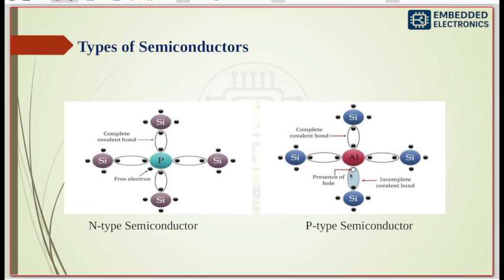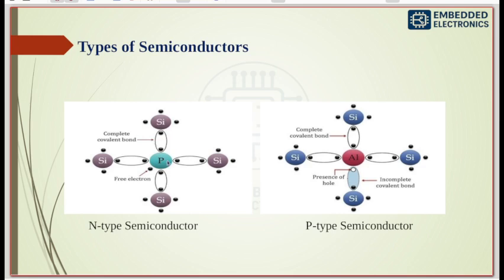Here current flows when electrons fill these holes. That's why it is p-type, meaning positive. Here holes are more. One missing electron creates a hole, so current flows by holes. So this is about the p-type and n-type semiconductor.